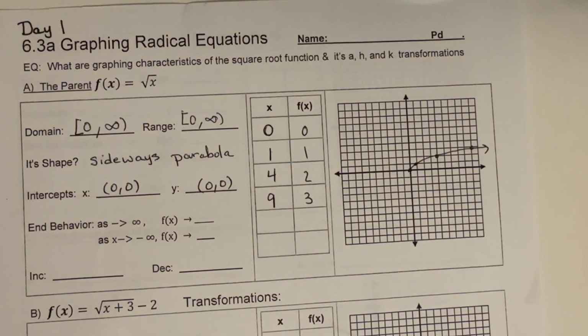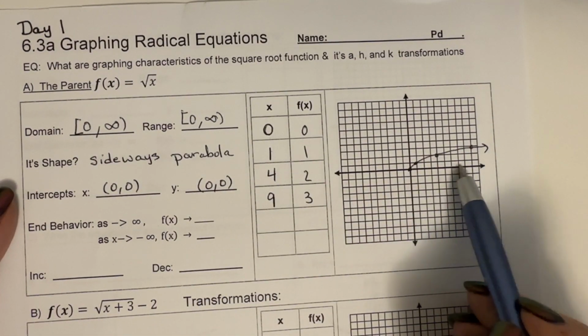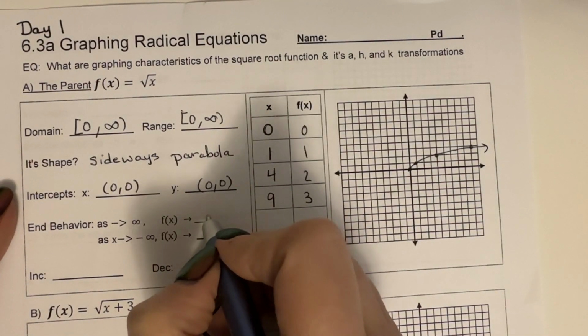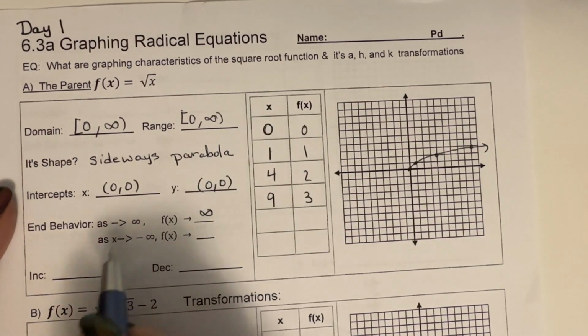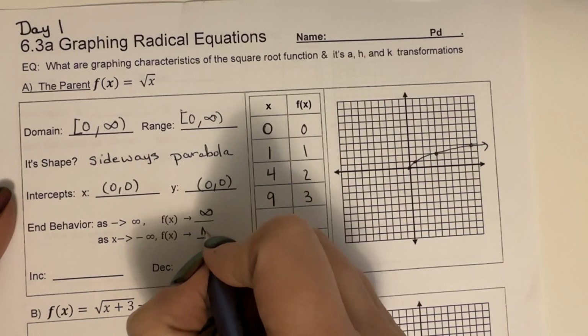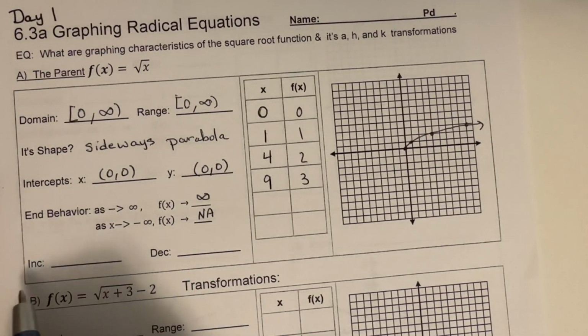Now let's talk about end behavior. On the right-hand side, as my x increases, my y is slowly increasing. It's continuing on upward, so we're going to say it goes to infinity. But on the left-hand side, there's no graph. So this is kind of an NA moment, not applicable. Now let's talk increasing and decreasing.